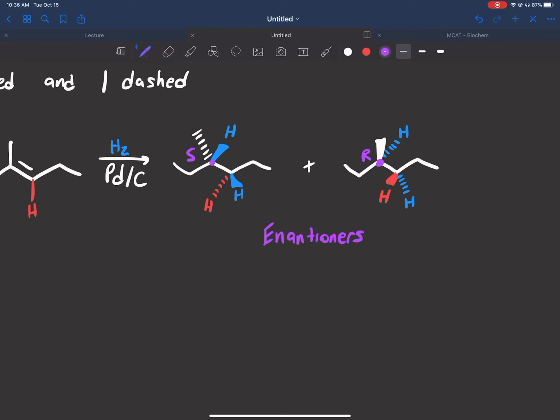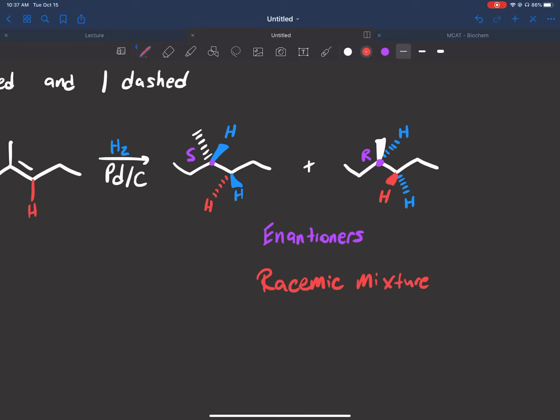So essentially it's 50-50. When you get this sort of mixture, it's called a, let me write it here, racemic mixture. You must understand this term. When you have an equal mixture of enantiomers, remember, enantiomers have something called optical activity, which means that they can rotate the plane of light, I guess.